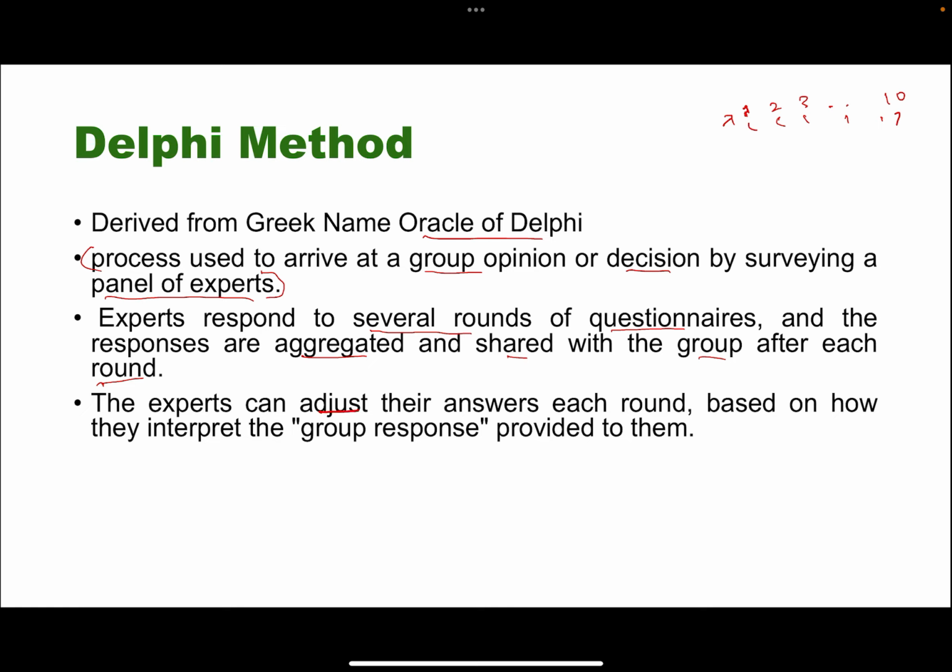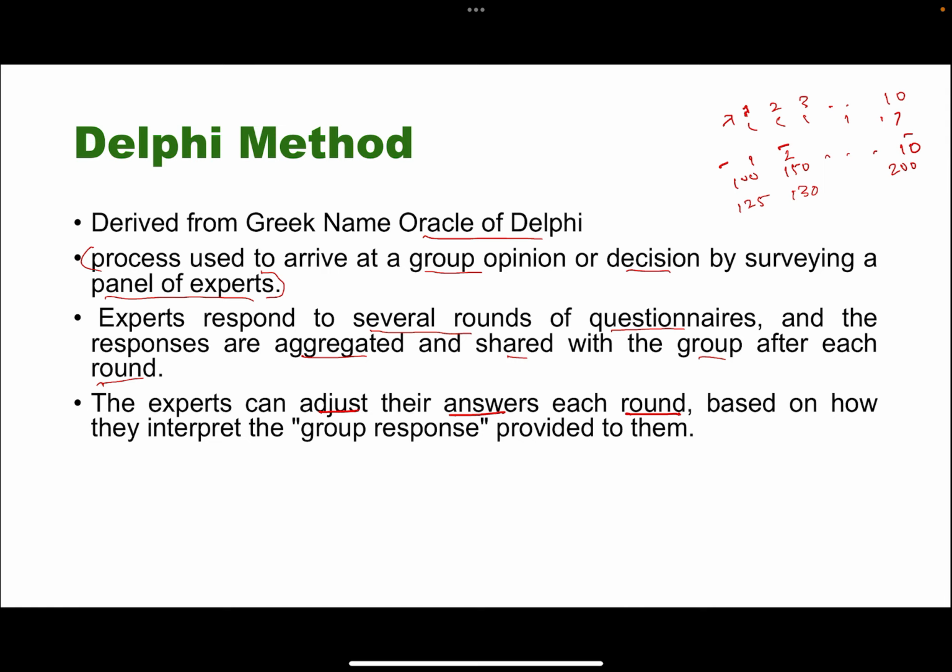Then experts can adjust their answers each round. Suppose this one predicted 100, just some random numbers, this one 150, like that up to maybe 200, etc. These are all combined together, and then this information is shared with them, and then they can make some adjustments. Sometimes one may adjust to 125, another to 130, etc. They can adjust the forecast.